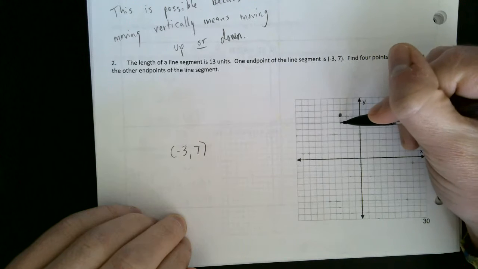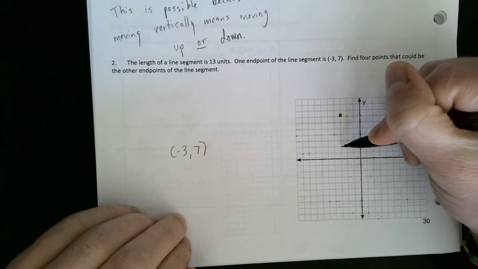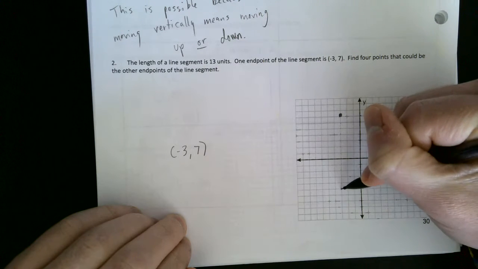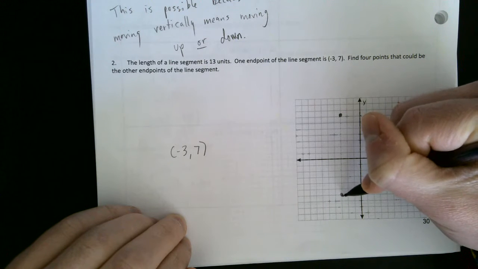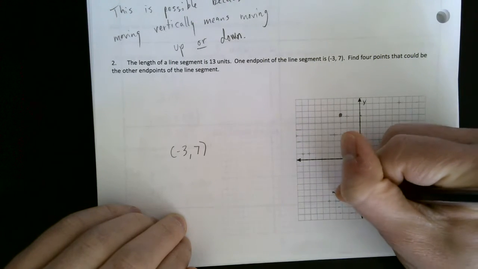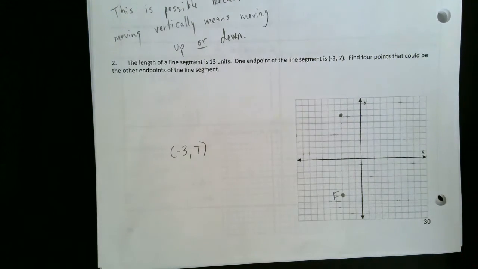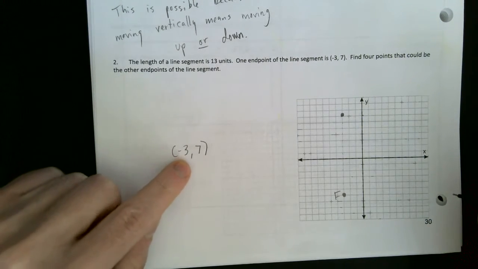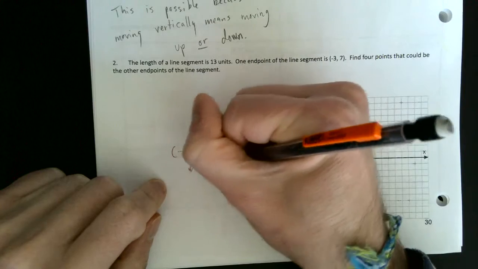So we'll go down. 1, 2, 3, 4, 5, 6, 7, 8, 9, 10, 11, 12, 13. There it is. So we'll call this point F because it's the first point. Okay? So with point F, if I think about this point, negative 3, 7, we went down 13.